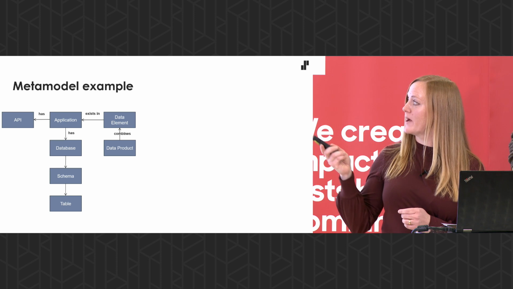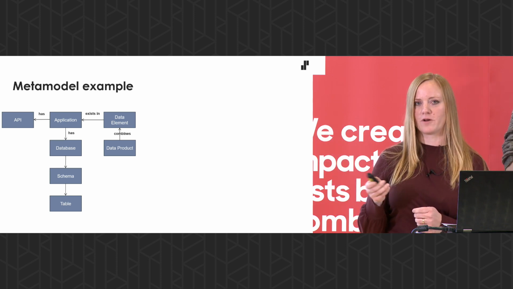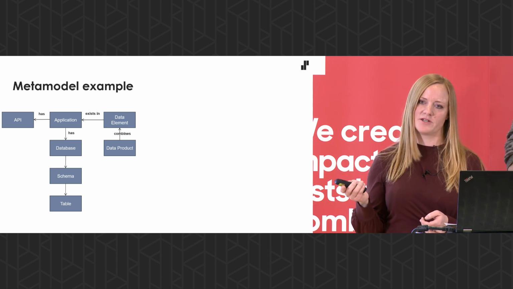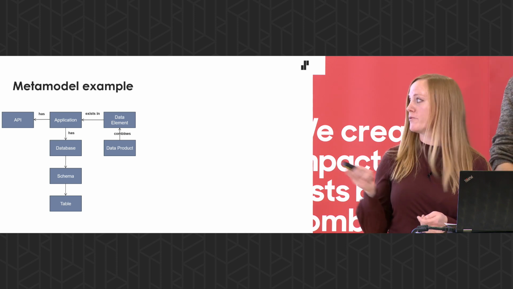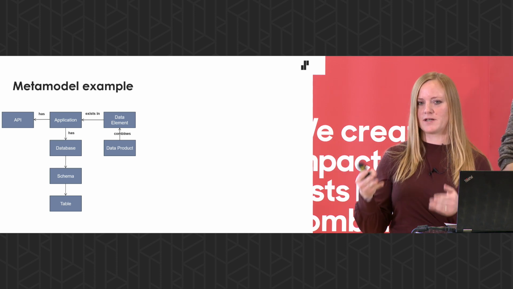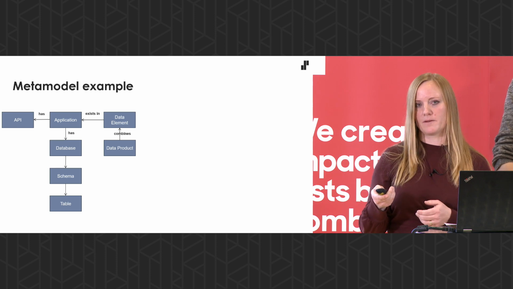And as we all know, an application consists of data elements, and data products has also become a more used term within the data mesh domain. So data products combine these data elements. The blue side is terminology we are very used to, and it is very easy from a technical point of view for a user to start drawing up in the meta model.